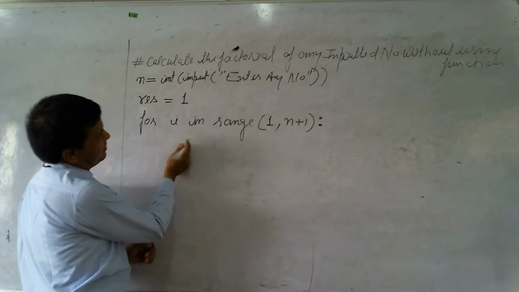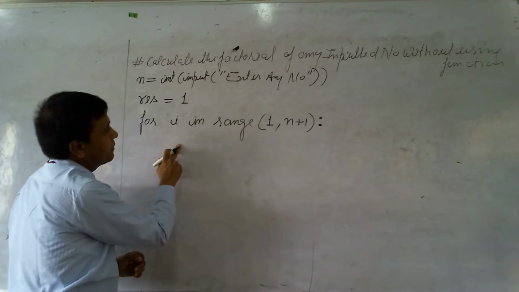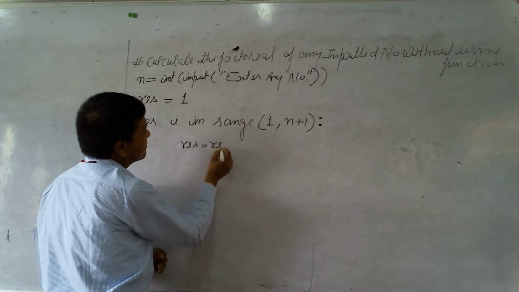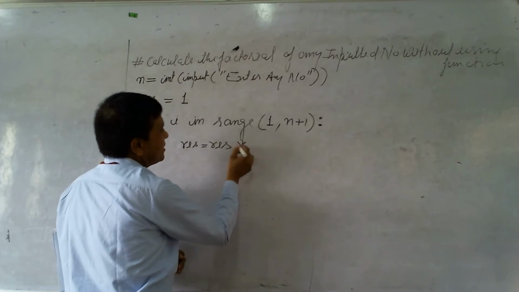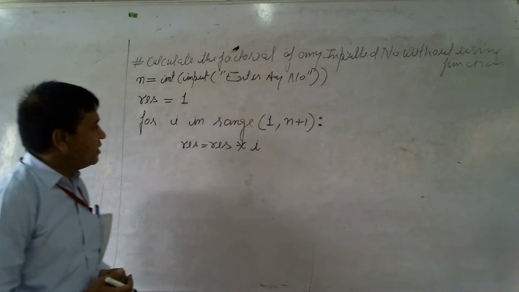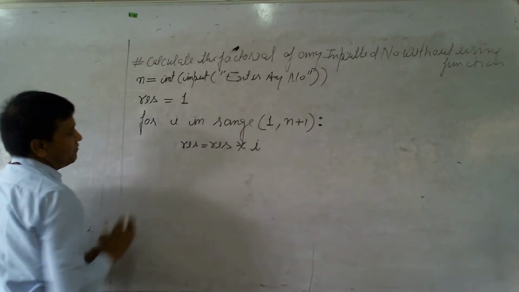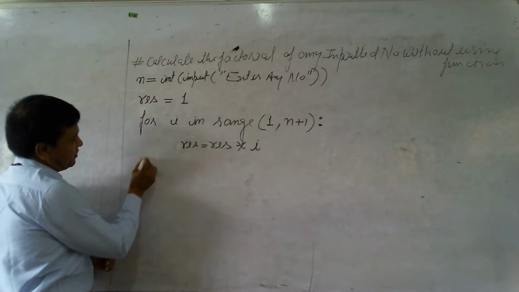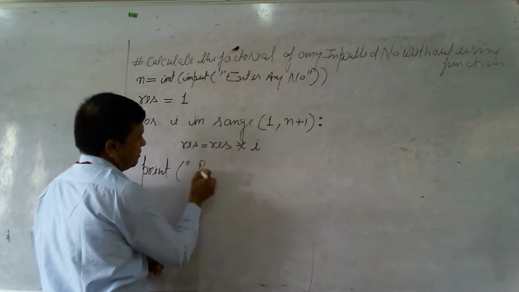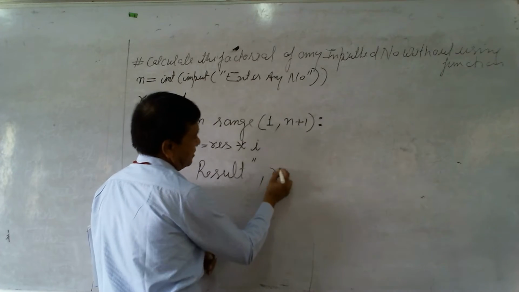Now I will write the statements which will execute under this for statement. I am using this variable, res equal to res multiply i. This will calculate the factorial of the input number. And now if I want to print the value of res, I will use print result, res.